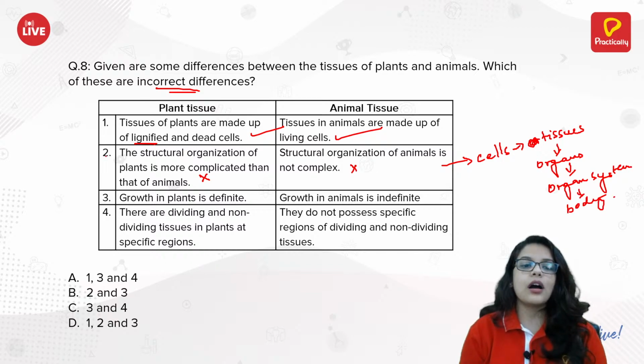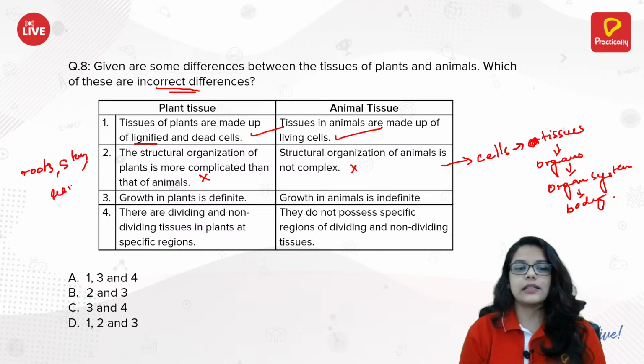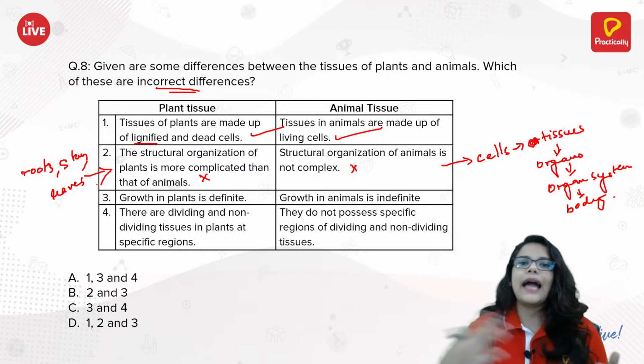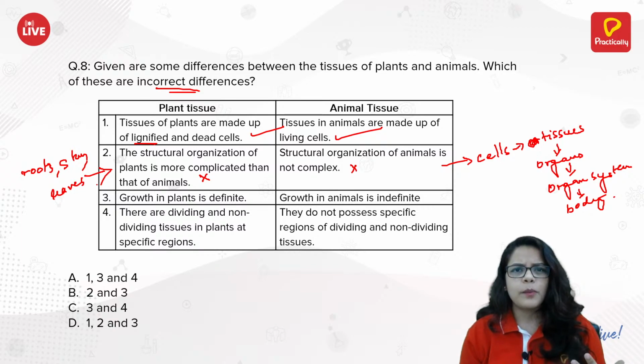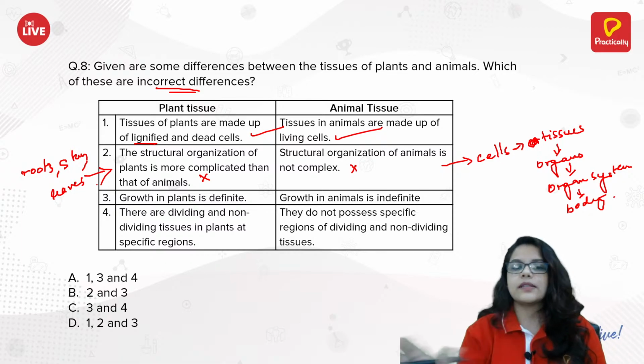In plants, although they have cells and tissues, they have roots, stems, leaves, flowers, etc. So it's very simple when you compare it; the animals are way more complex. So this is not correct.